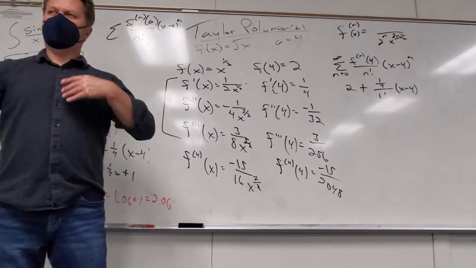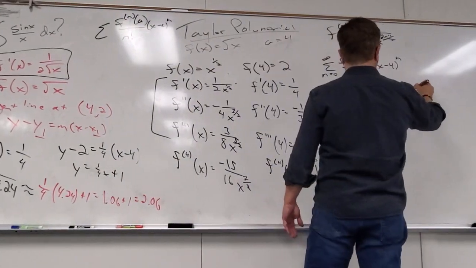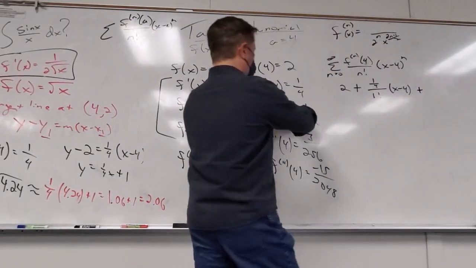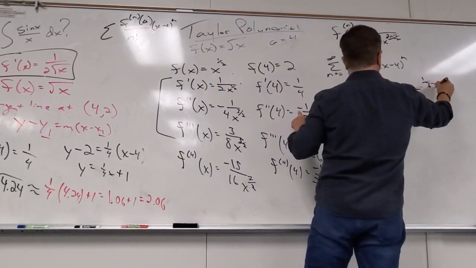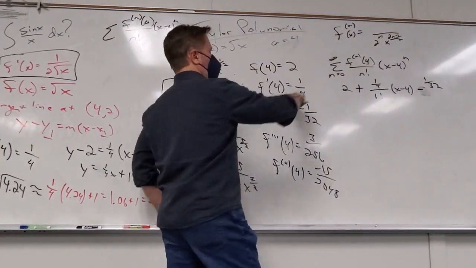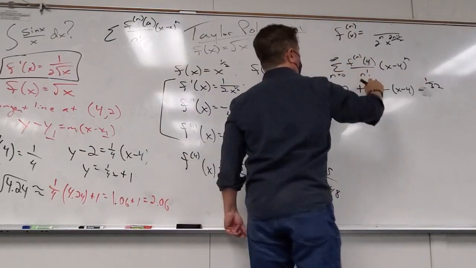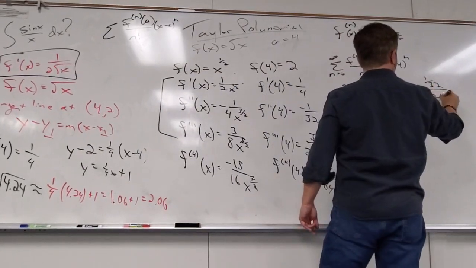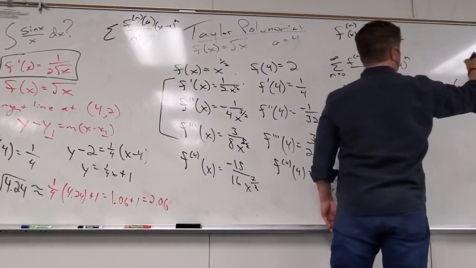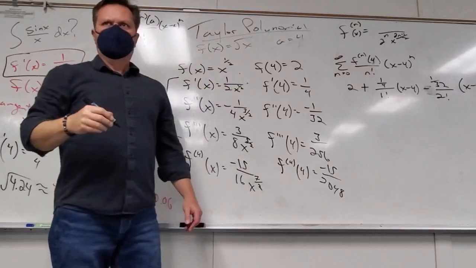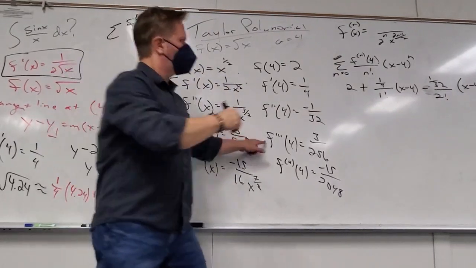With me so far? I'm just kind of throwing stuff in. Plus, now it's going to be minus 1 over 32, the second derivative at 4, divided by 2 factorial, times x minus 4 squared. Let's just do one more.